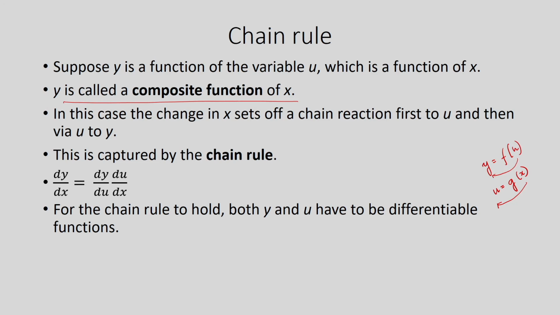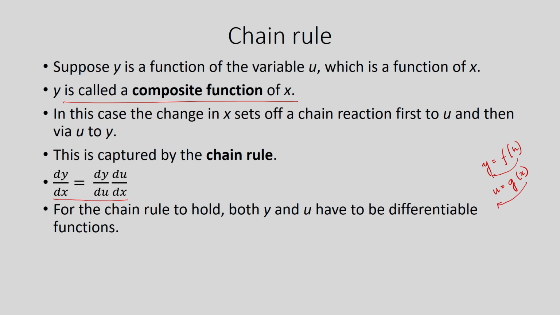So, a kind of chain reaction is set off if x changes, and the effect of that chain reaction ultimately reaches y. So, this chain reaction is captured by this chain rule, which is written here, dy/dx is equal to dy/du multiplied by du/dx.